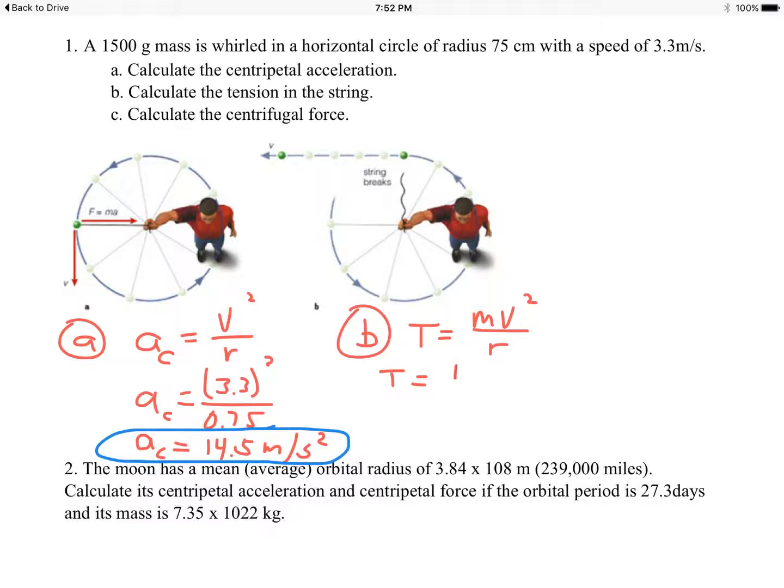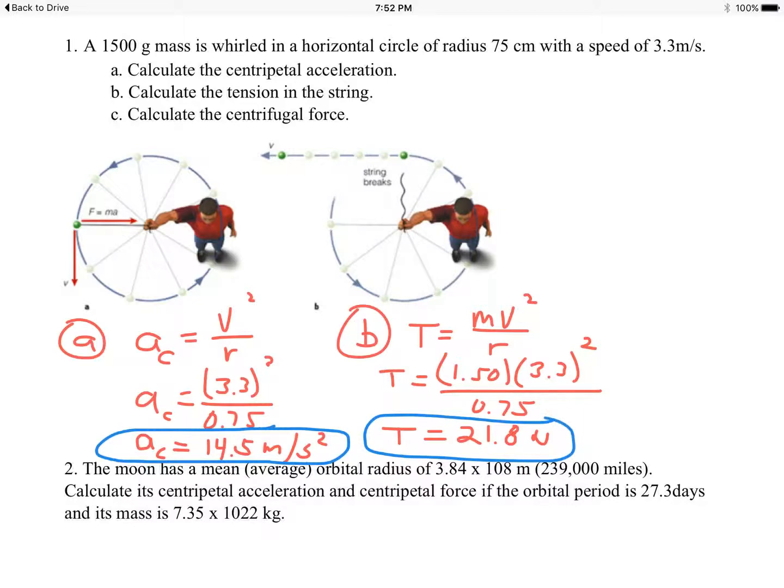The mass is 1.5 kilograms times the v squared, 3.3 squared, divided by the radius of 0.75 meters. So the tension, which is the only force, the net force towards the center in this case, comes out to be 21.8, you could just say 22 newtons towards the center of the circle.